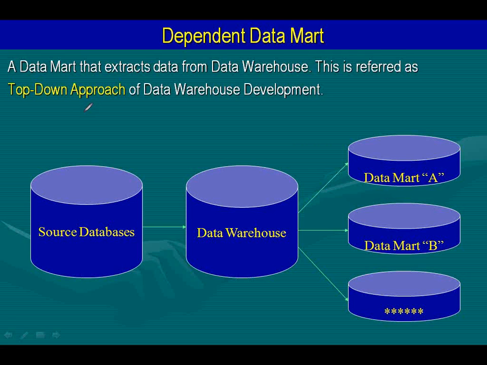If you are planning this kind of approach, from the total warehouse, if you are trying to have marts for that level of decision making support, it becomes a top down approach, and here the data marts depend upon the warehouse for data. They become dependent data marts. So two kinds of approaches are normally used.